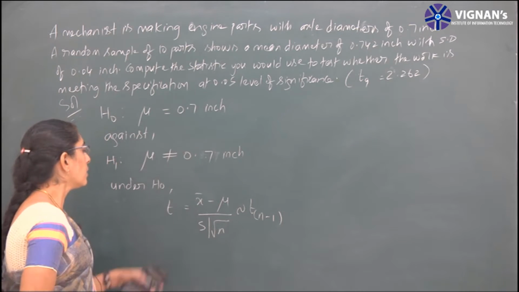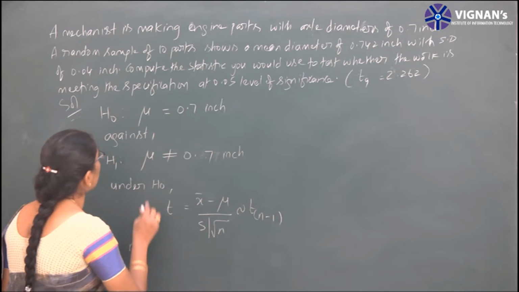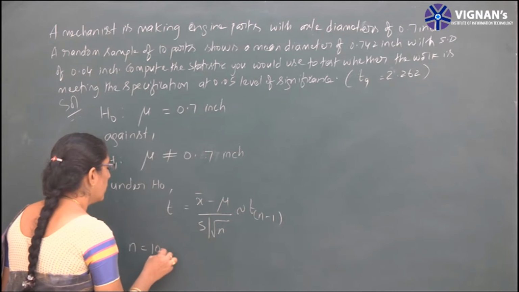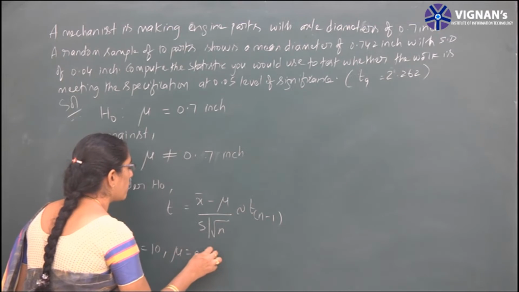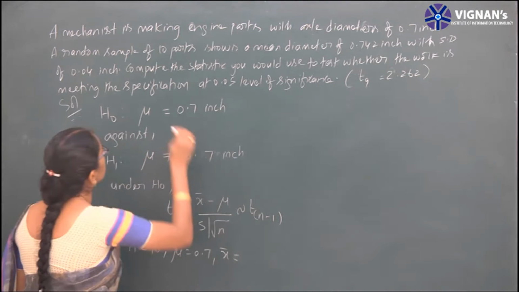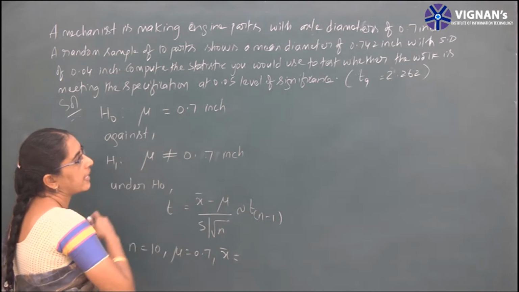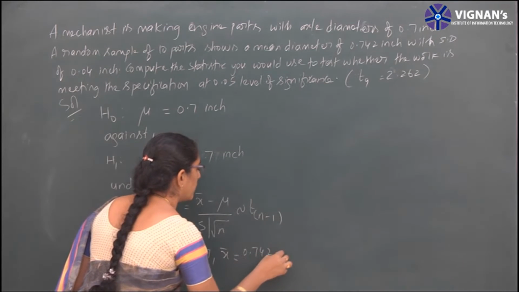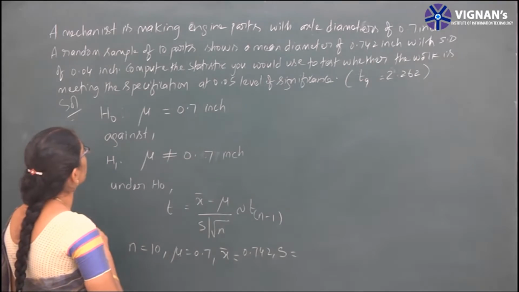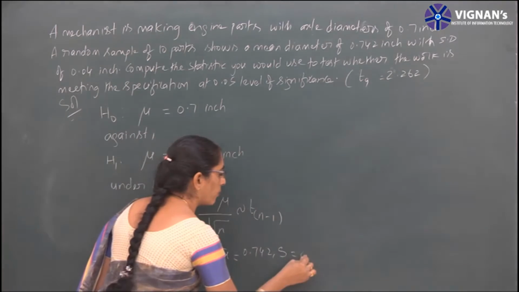Now if you see the given data, the sample size is given as 10. The mu value we know is 0.7. And the x bar value, the mean, is given as 0.742, with the standard deviation given as 0.04.